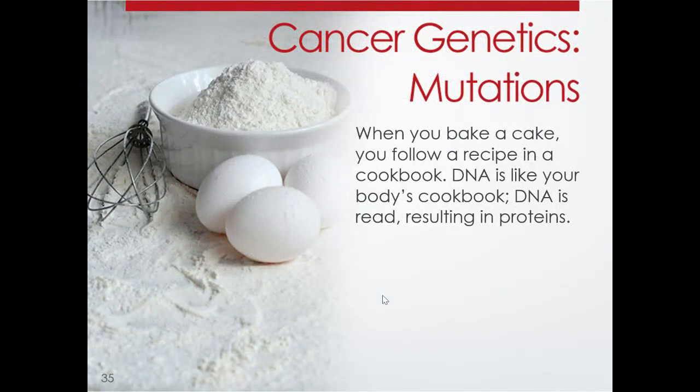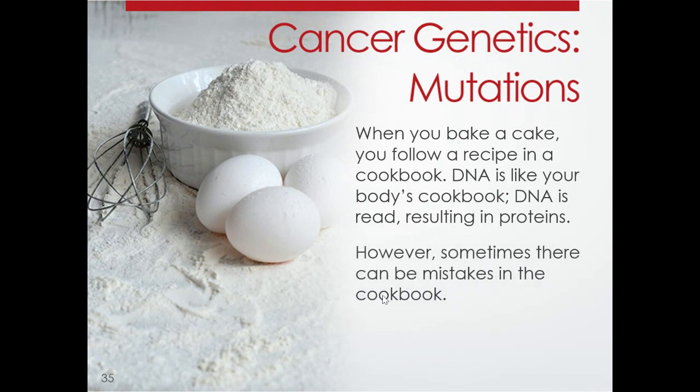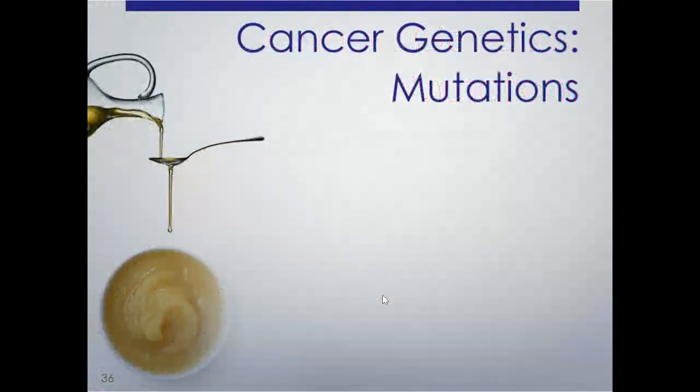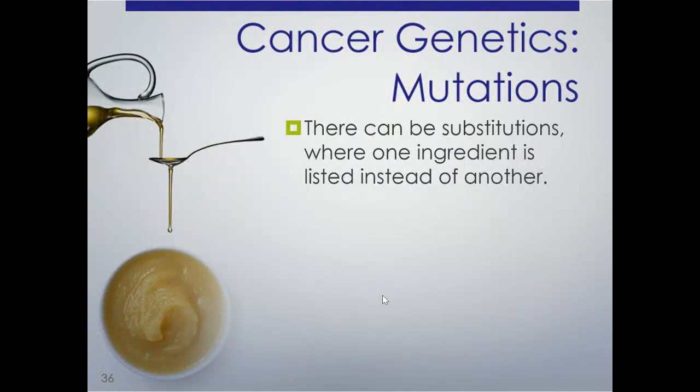When we think about cancer genetics and mutations, an analogy I'm going to use here is baking a cake from a recipe book. When you follow a recipe, it's like the DNA. The DNA is your body's cookbook, and DNA is read, resulting in proteins. However, just like in cookbooks, in your body, there can sometimes be mistakes. Some of these mistakes can just be substitutions. Let's say you're trying to make a low-fat cake.